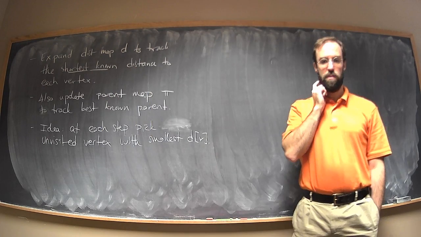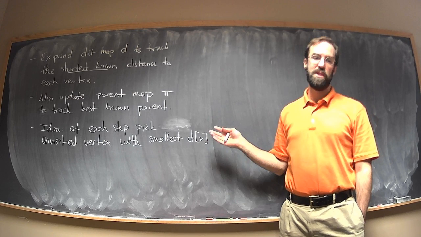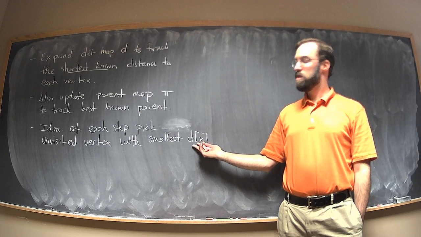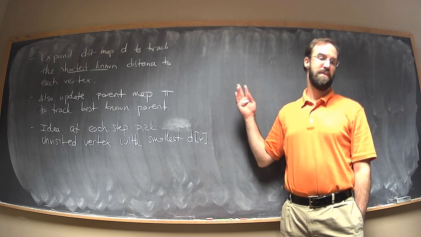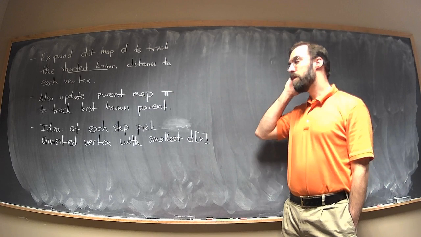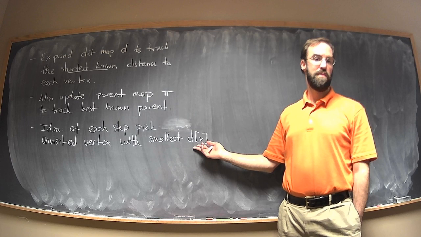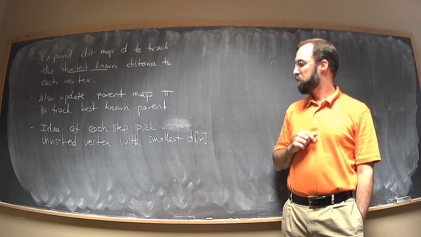Whichever one has the smallest value, these are all the best distances we know. For this vertex, this distance value is the smallest of anything, which means there's no way we could later discover a better way to get there. Because for all the other vertices, the best way we know how to get there is even longer, so there's no way we could come up with a shorter way by visiting other vertices, because it would end up with an even longer path.